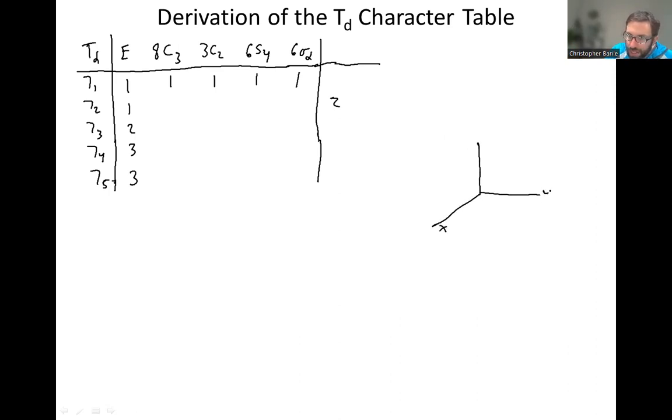x, y, and z. We set up our Cartesian coordinate system just like we always do. And the way that we're going to do this is we are going to think about the methane molecule there, right?